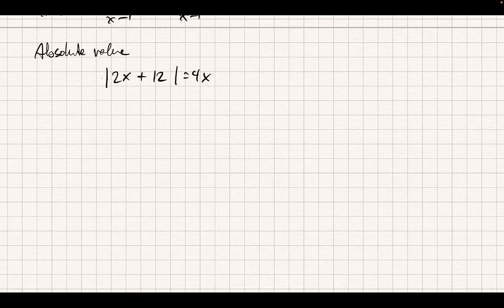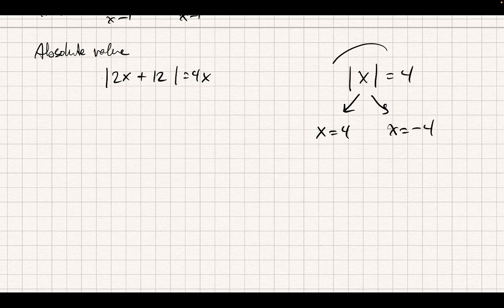Let's look at a simpler example. If I say the absolute value of x equals 4, what are my possible answers? x equals 4 or x equals negative 4. The way I solve this is I set x equal to 4 and x equal to negative 4.